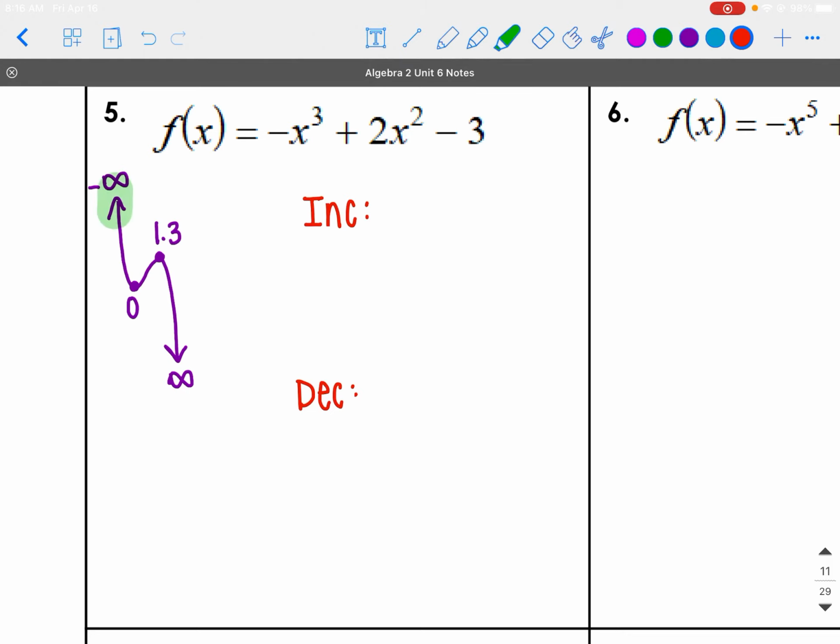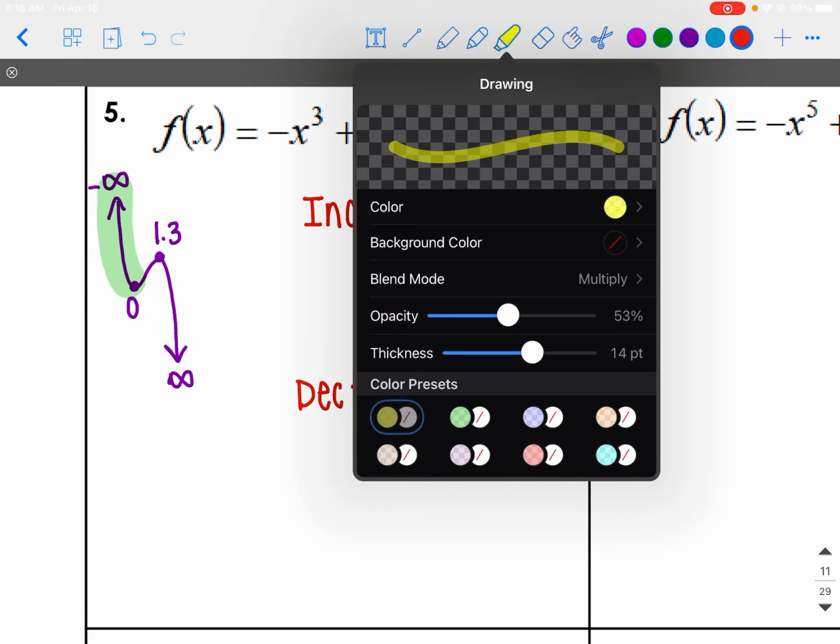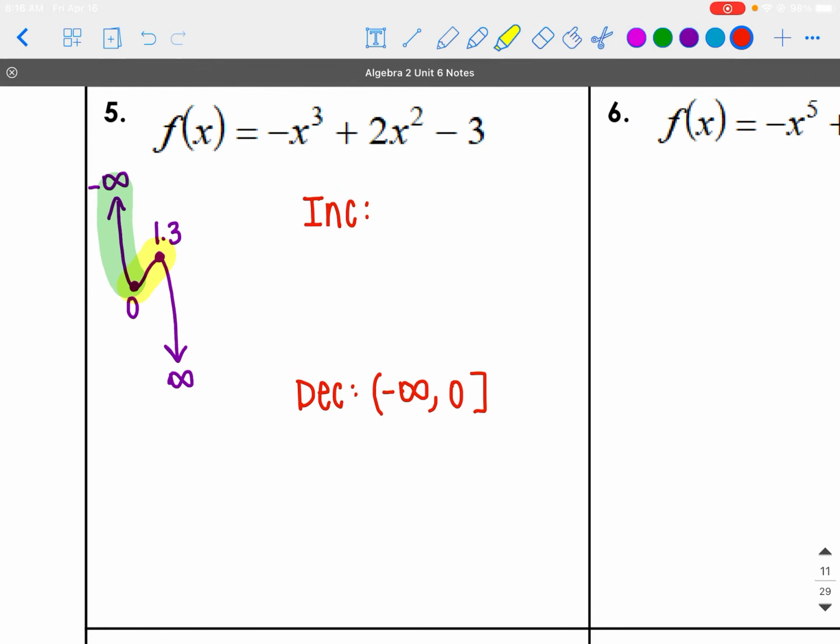All right, so this graph, left to right, starts going downhill. So it starts decreasing from negative infinity to 0. Then it starts increasing from 0 to 1.3.